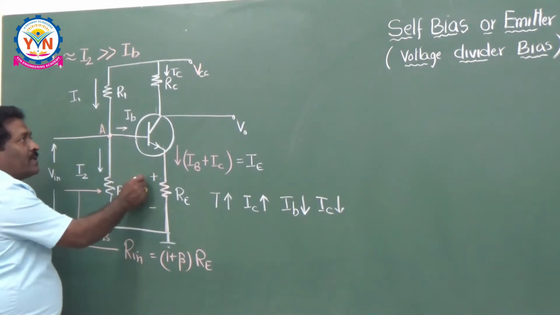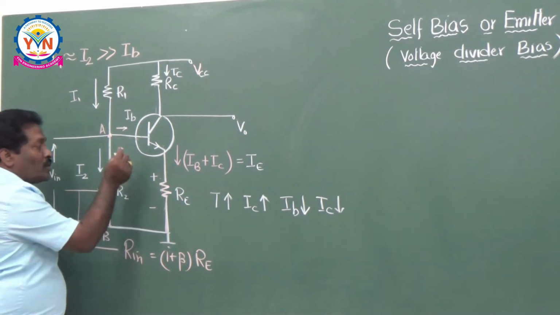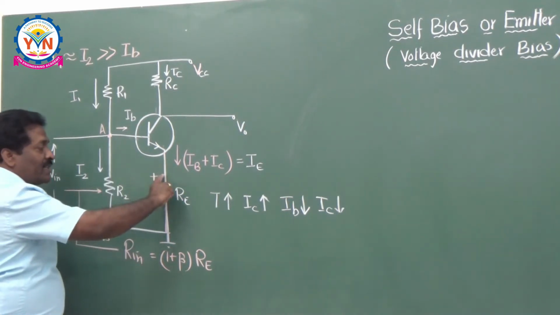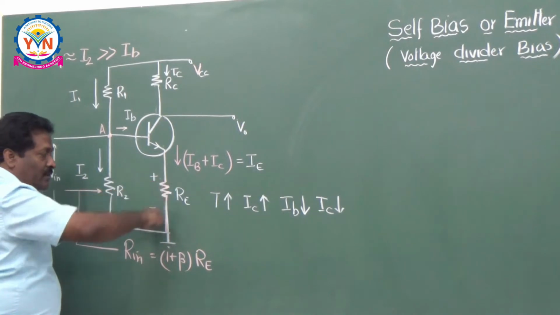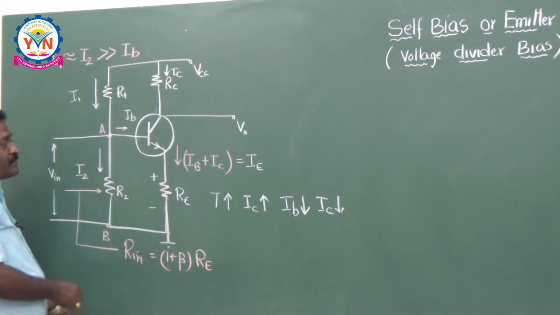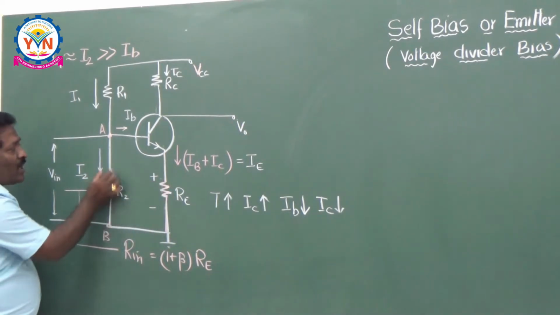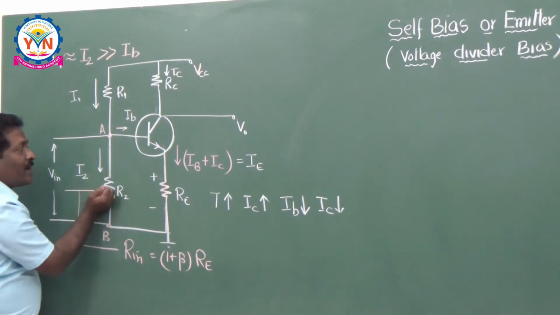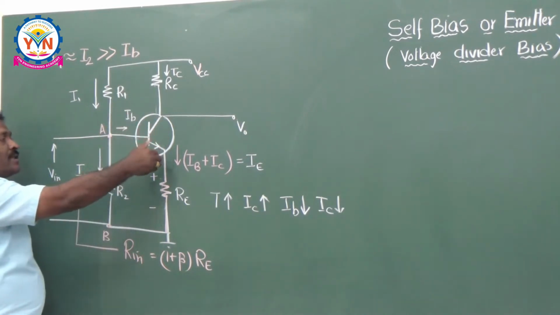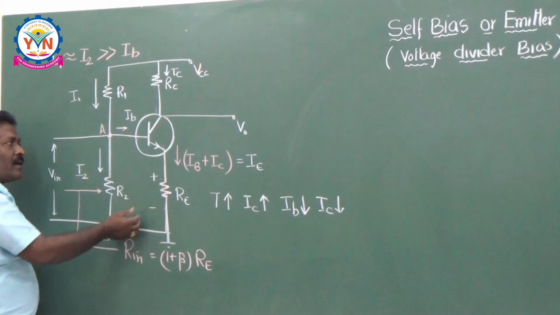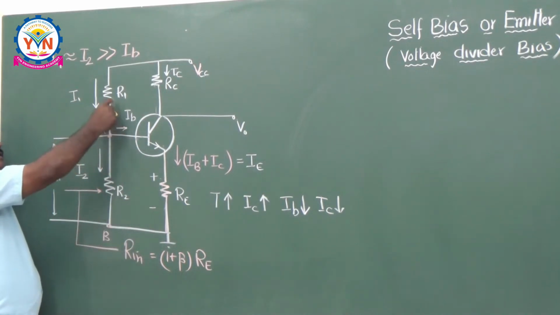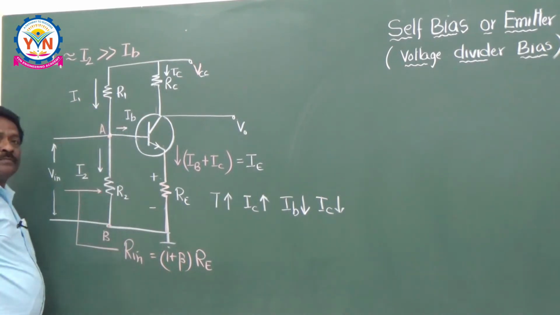So that's the reason it is most popular. The emitter itself is controlling the temperature variation, and the resistor R2 gives the biasing for this network. So it is called self-bias or emitter bias, and the biasing is provided by the two resistors R1 and R2.